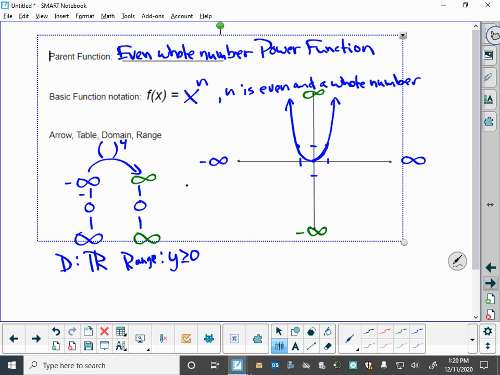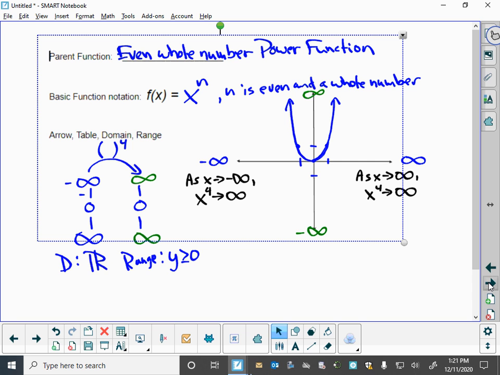So for my description of the end behavior, I would say as x heads towards negative infinity, x to the fourth heads toward positive infinity. And as x heads toward positive infinity, x to the fourth heads towards positive infinity.